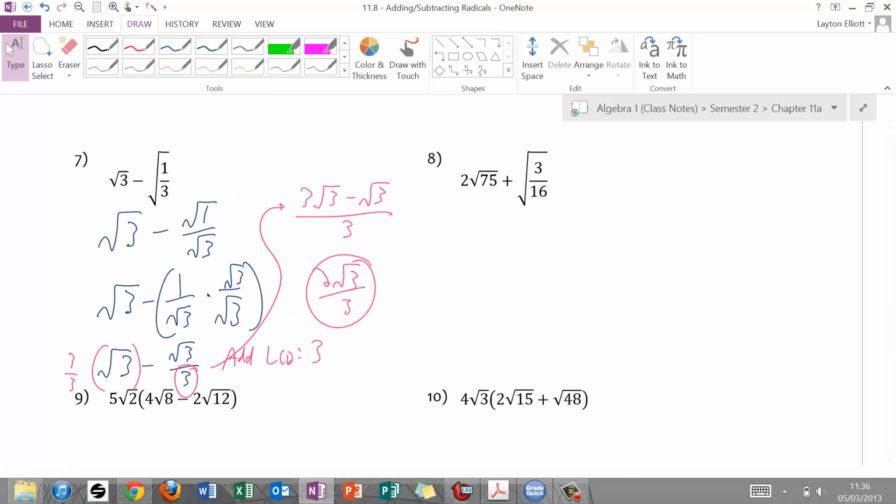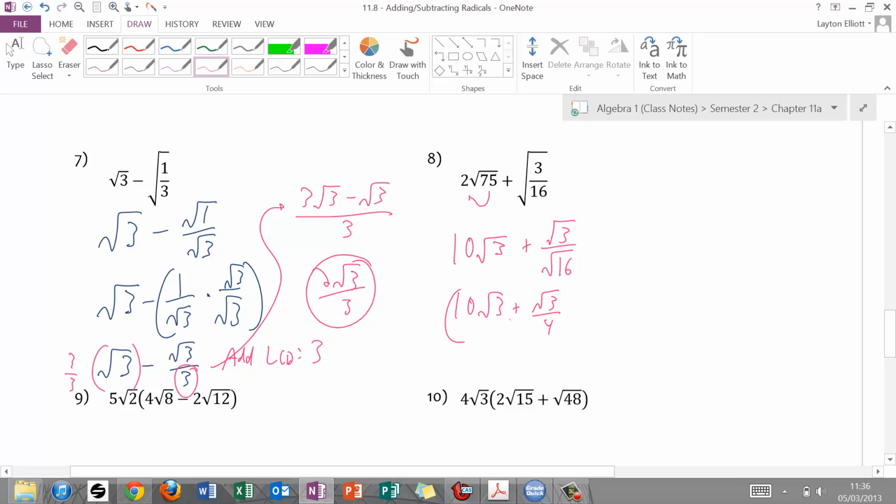Let's try this again. Number 8, I'm going to simplify this radical. So if I take out a 25 and multiply it by the 2, I get 10, leaving behind the 3, because 25 times 3 is 75, plus, and I have radical 3 over radical 16. That's 10 root 3 plus radical 3 over 4.